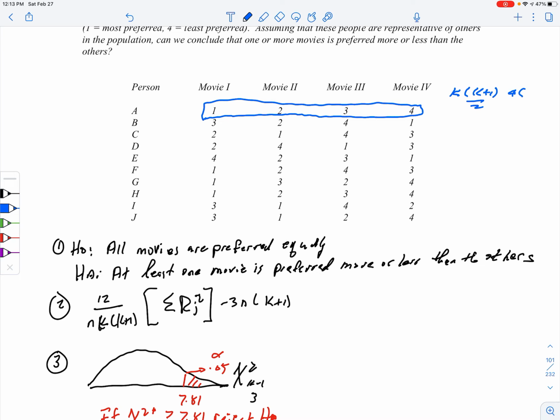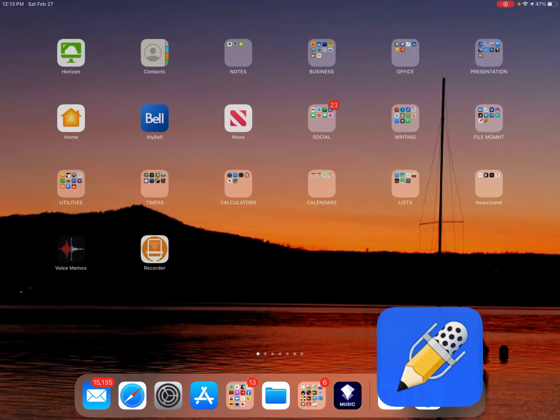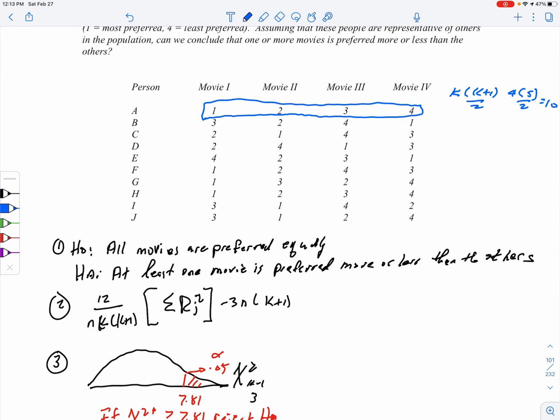So in our case, that would be 4 times 5 divided by 2, which is equal to 10. If they have ranked them correctly, that should work. 1 plus 2 plus 3 plus 4 is equal to 10, so you're good. This one's pretty clean. Every row adds up to 10, but that's something that you need to check.